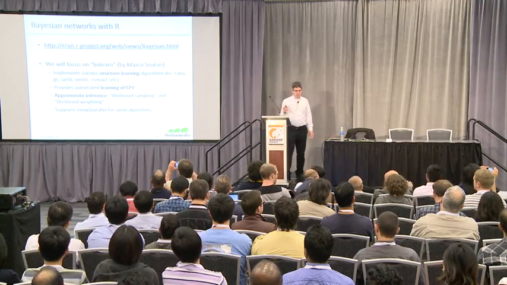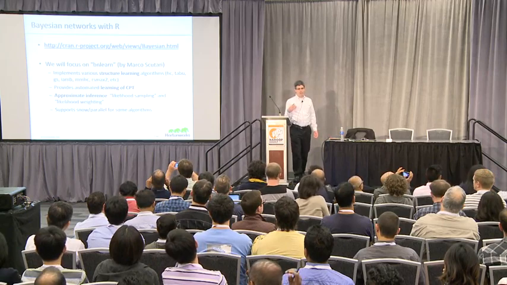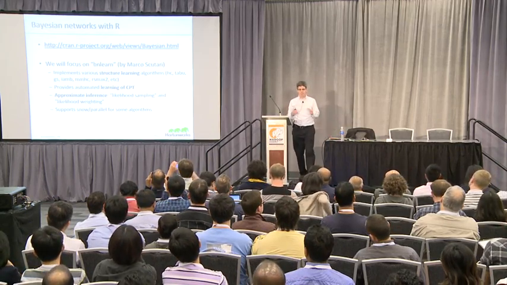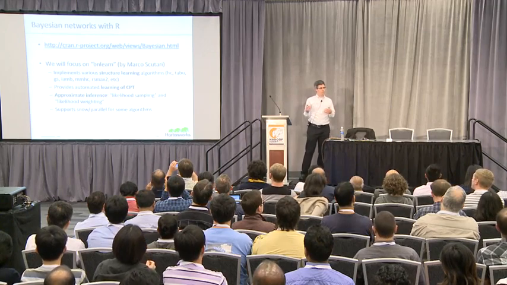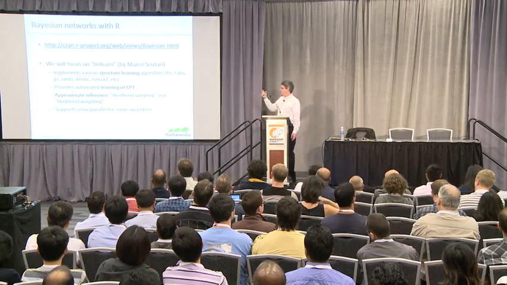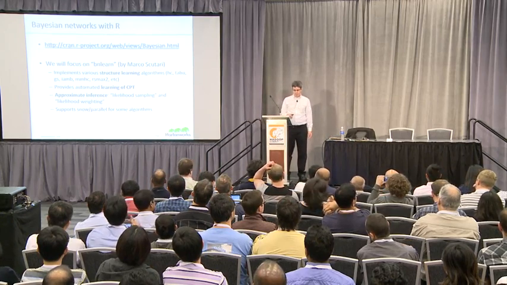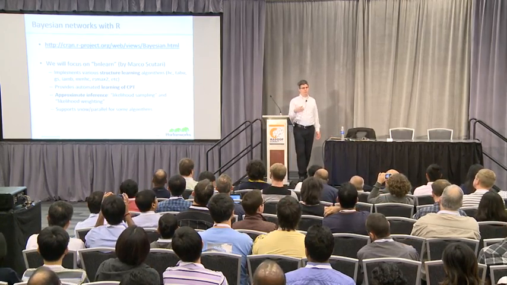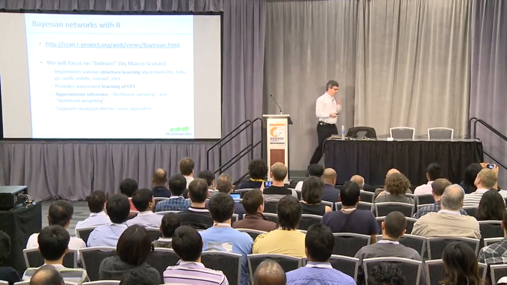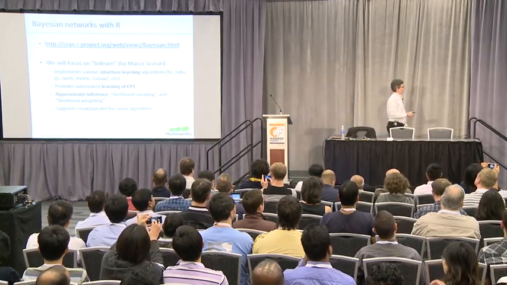So let me move on to a bit more detail on how we do it in practice. There are a lot of different packages around, some commercial, some open source. I chose to work with a package called bnlearn. It's an R package written by Marco Scutari from University College London, who's an expert in this field.